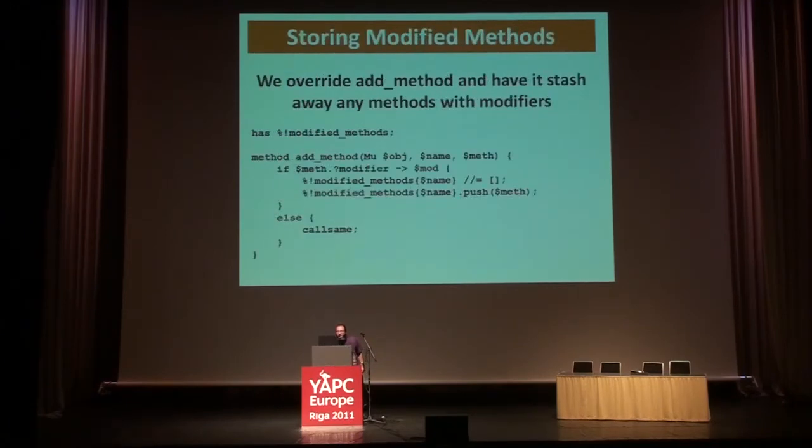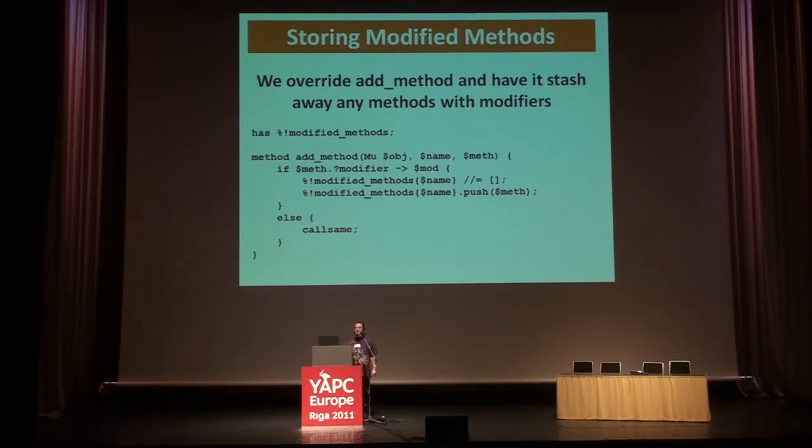Well, it turns out that there's basically two things that we need to do. One of them is that we need to intercept add method. Now, add method is a method on the meta object that gets called whenever we add a method to the class. Now, if you just add the same method twice to a class, it'll actually complain that you duplicately defined it. So it won't let you do that.